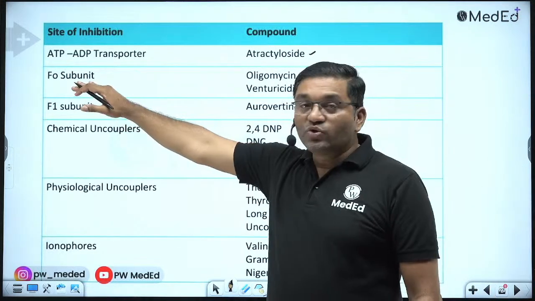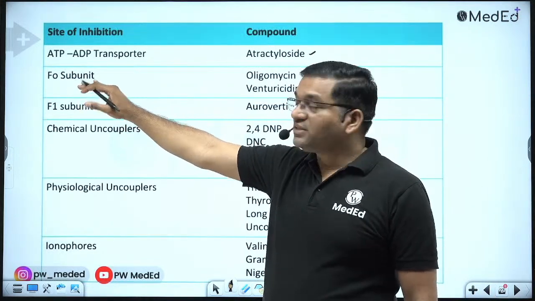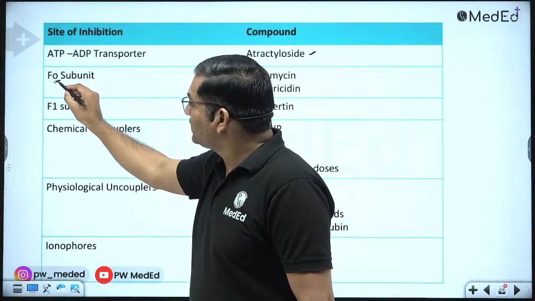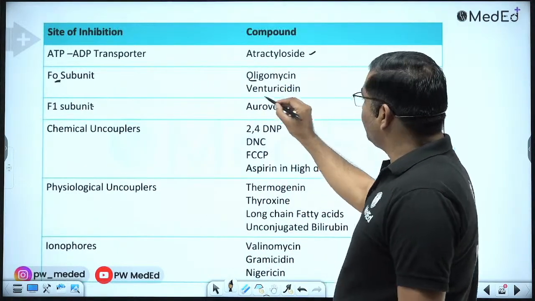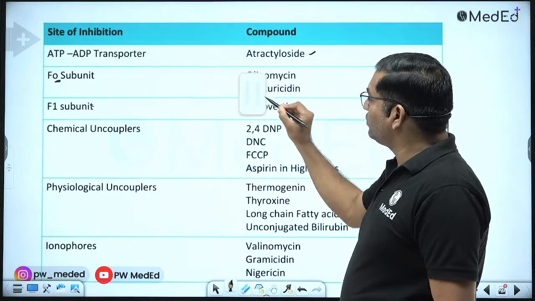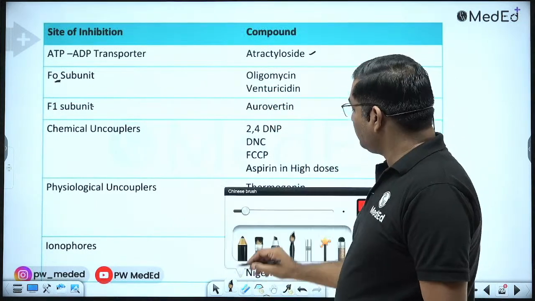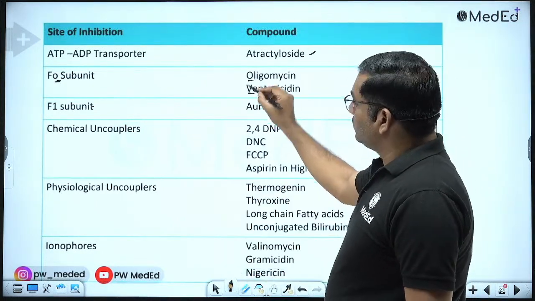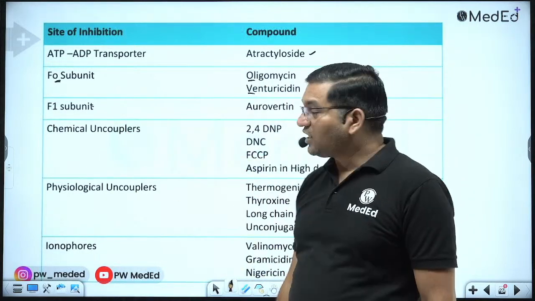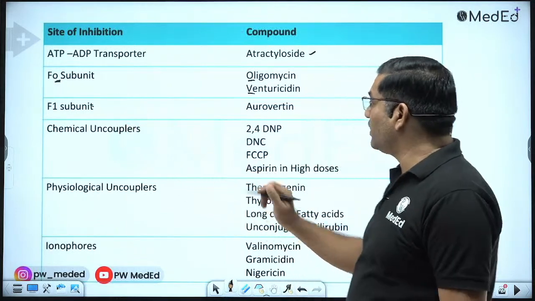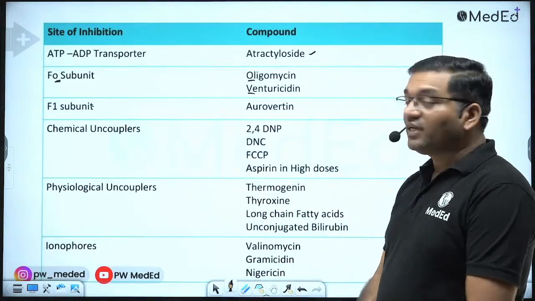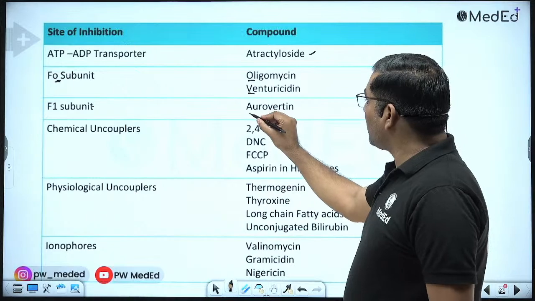The FO unit of the ATP synthase, O for oligomycin, is inhibited by oligomycin and venturicidin. Then the F1 subunit of ATP synthase, that is complex 5 of the electron transport chain, is inhibited by aurovertin.